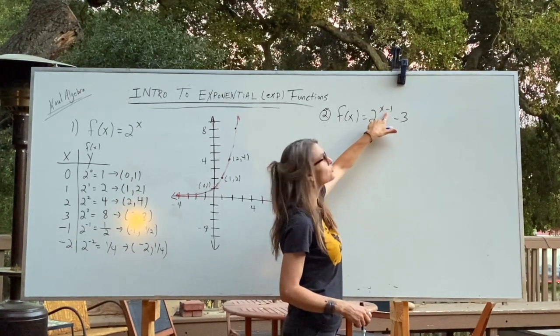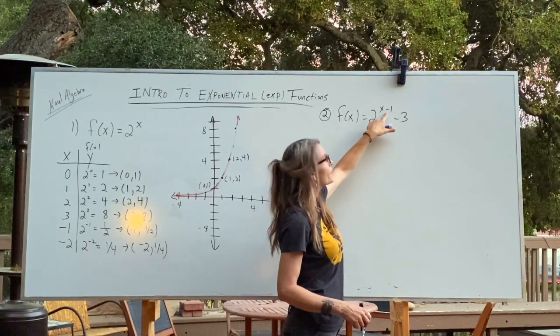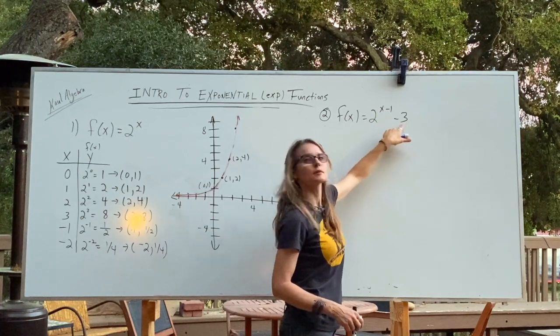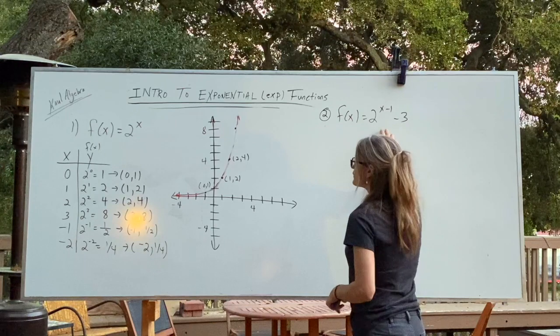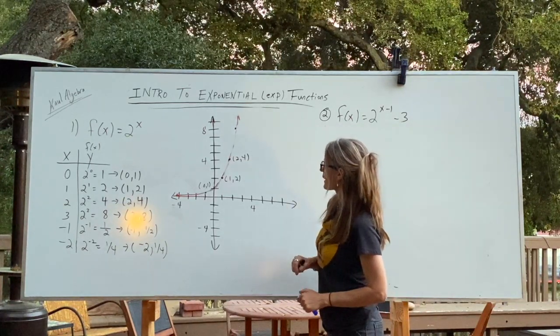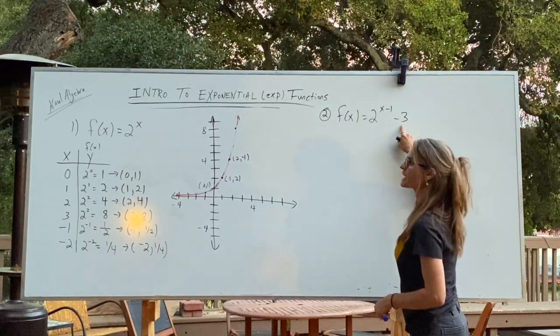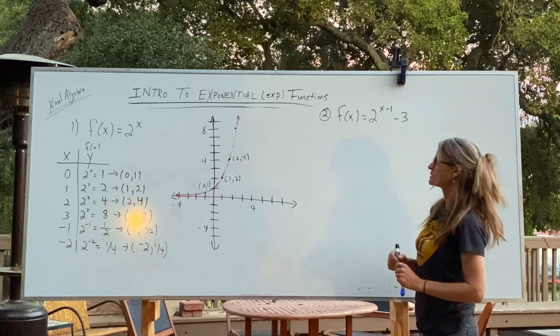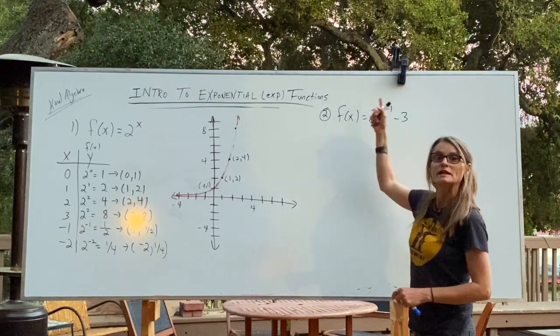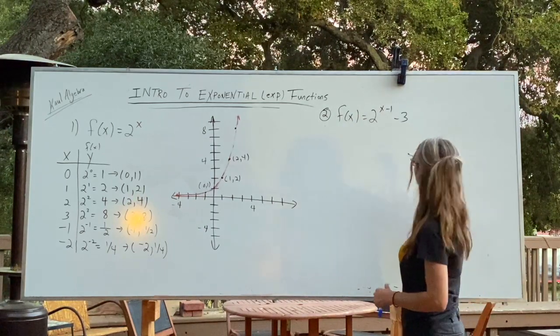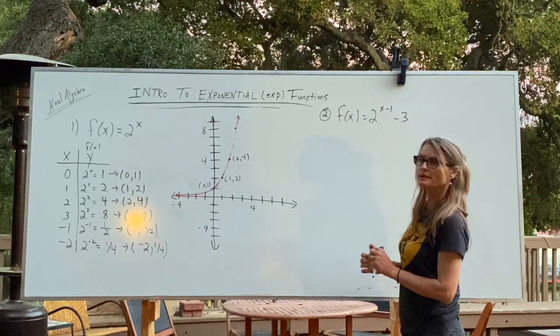So this is going to move the graph over 1 unit to the right, and this number right here will move the graph down 3 units. So it will be very similar to the 2 to the x graph with these extra changes. So we'll go ahead and plot that. So let's make a table of values to verify some of these transformations that I'm talking about, a subject you'll study more in the future.